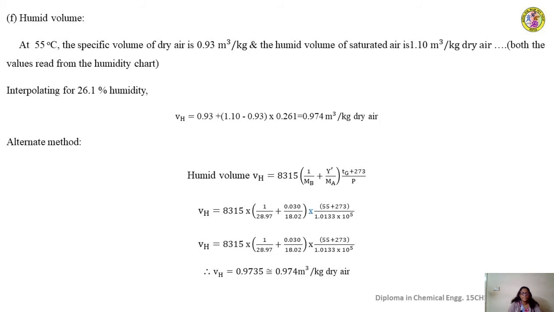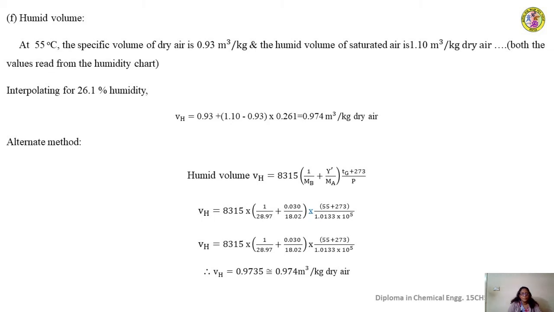The alternate method gives the humid volume by substituting the values in the humid volume equation. We know this formula: humid volume VH is equal to 8315 into (1 by MB plus Y dash by MA) into (Tg plus 273) divided by P. You have all the values at hand. Just substitute them and calculate.